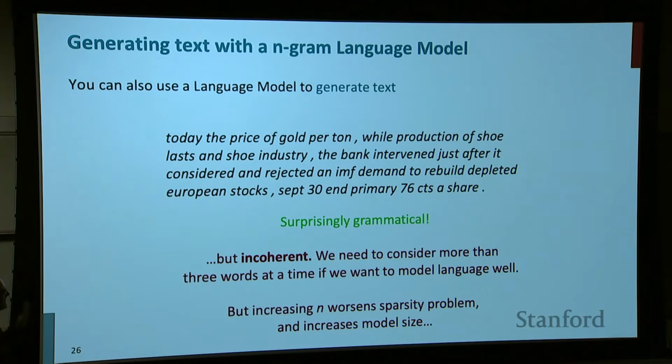There are big pieces of this that even make sense. The bank intervened just after it considered and rejected an IMF demand. That's pretty much making sense as a piece of text, right? So it's mostly grammatical. It looks like English text.